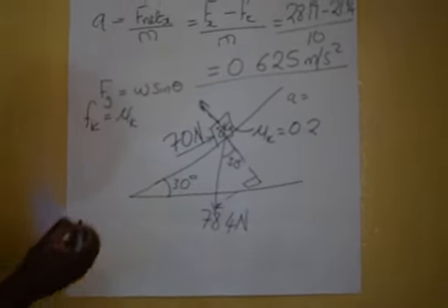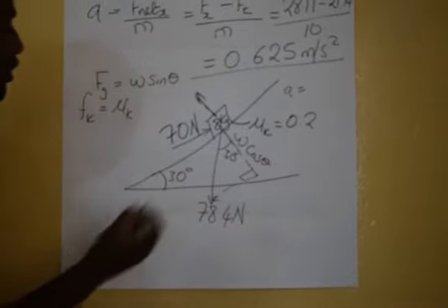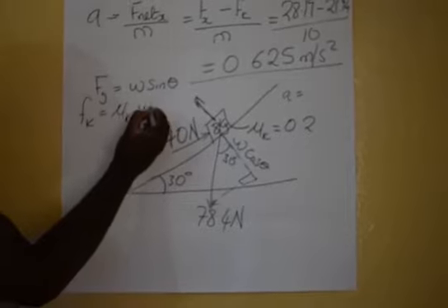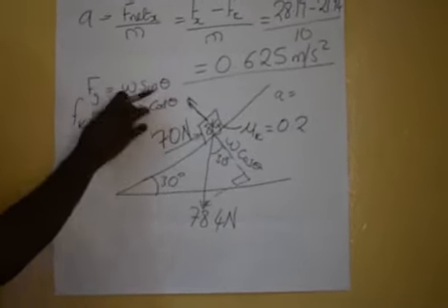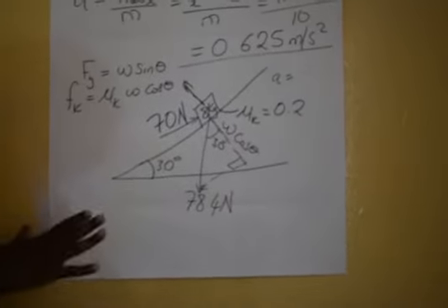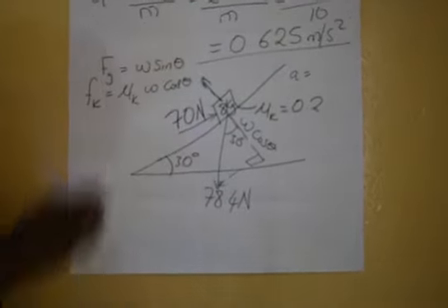So the normal is equal to W cos theta. So meaning you just multiply mu k times W cos theta. So these two forces, they are the opposing forces. So if someone asks you, how much force should you apply for a constant speed? Then it should be this plus this.